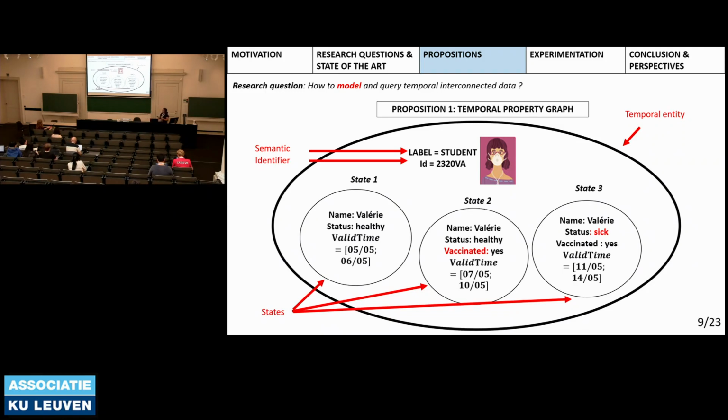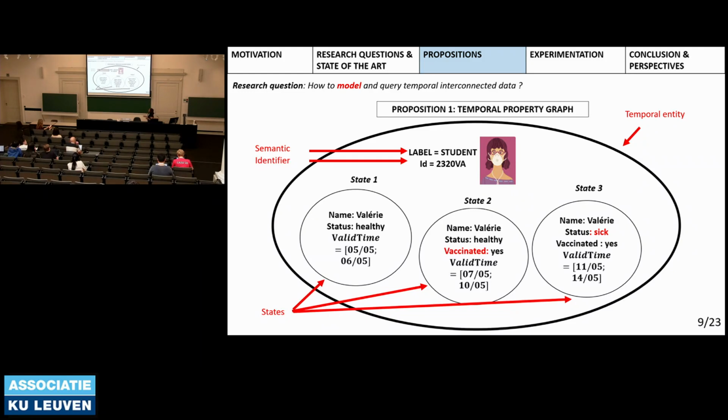So at each evolution of the entity, a new state is created instead of overwriting its old version, to keep track of its evolution. And each state corresponds either to the evolution of its attribute set or its attribute value, or both.